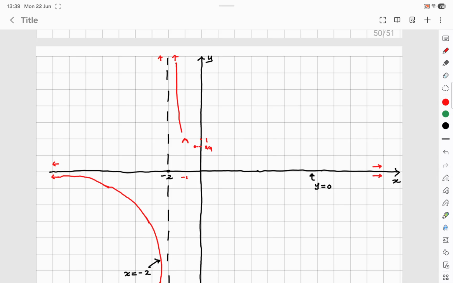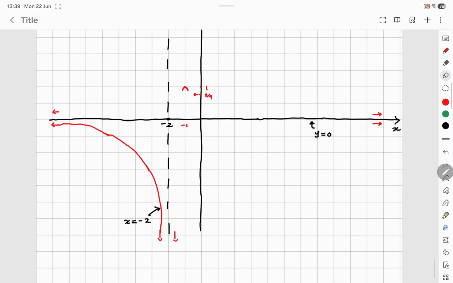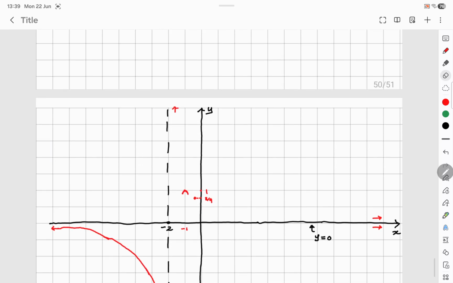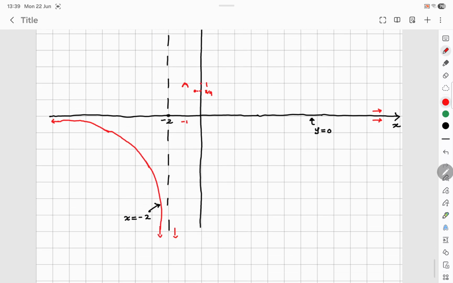That is not increasing, that is decreasing. So I have to do what? This down arrow has to be connected to the local maximum like that. It is concaving down until minus half. This point, the inflection point.